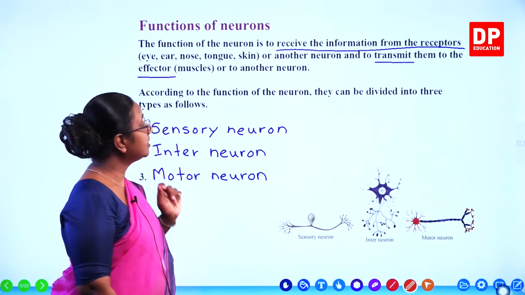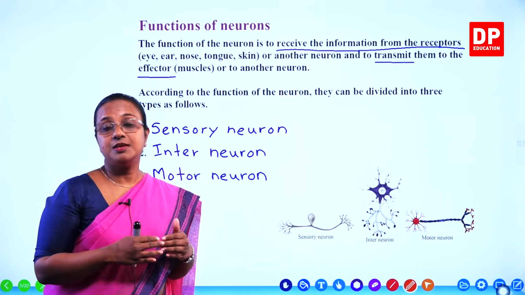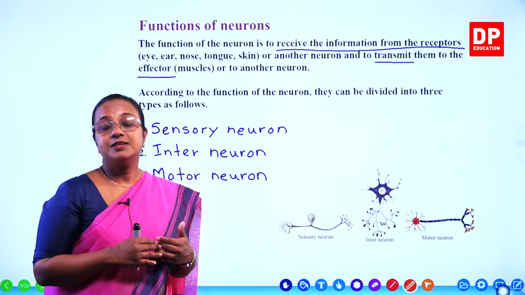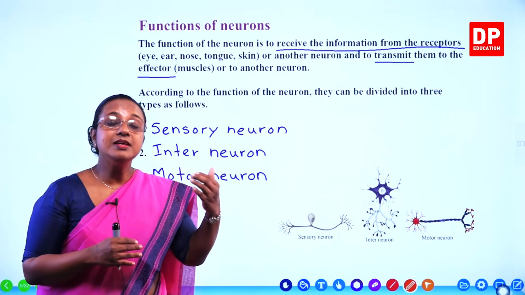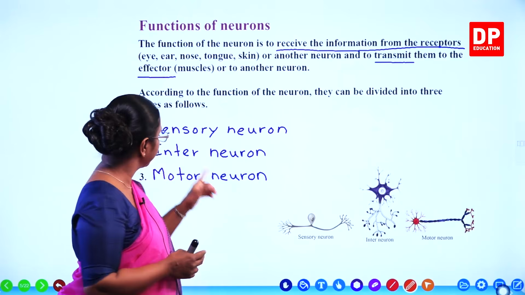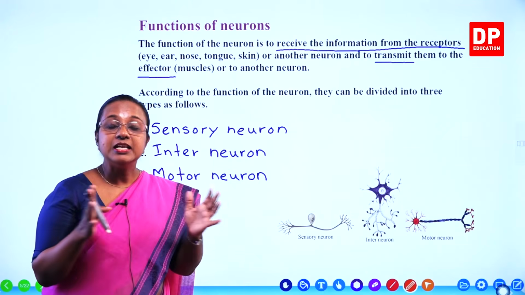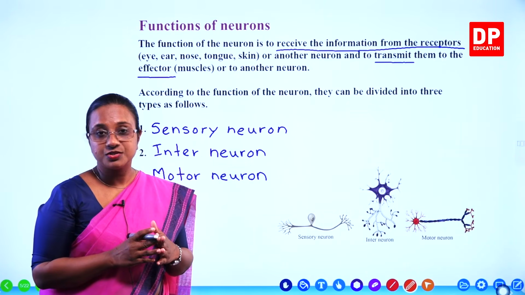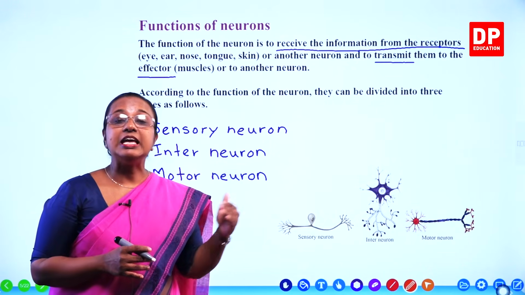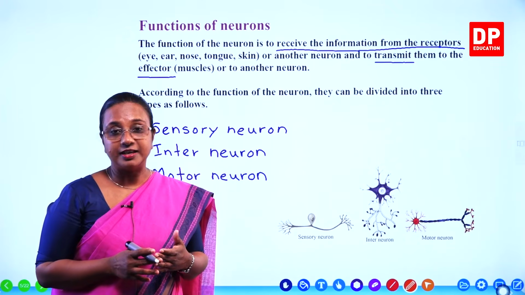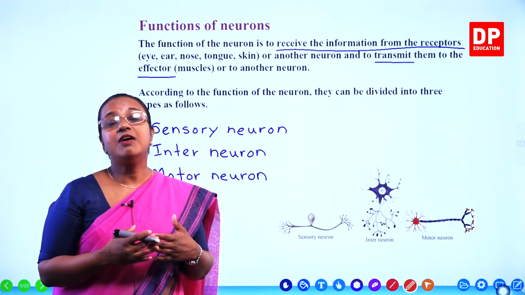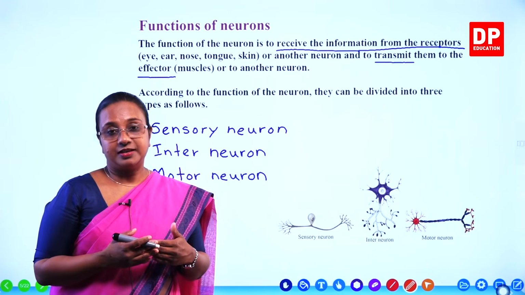function. Sensory neuron receives the stimuli and transmits it to the central nervous system. So they bring the sense or the stimuli into the nervous system. Interneuron connects the different neurons, and motor neuron takes information away to the effector to do the movement or give out the effect.